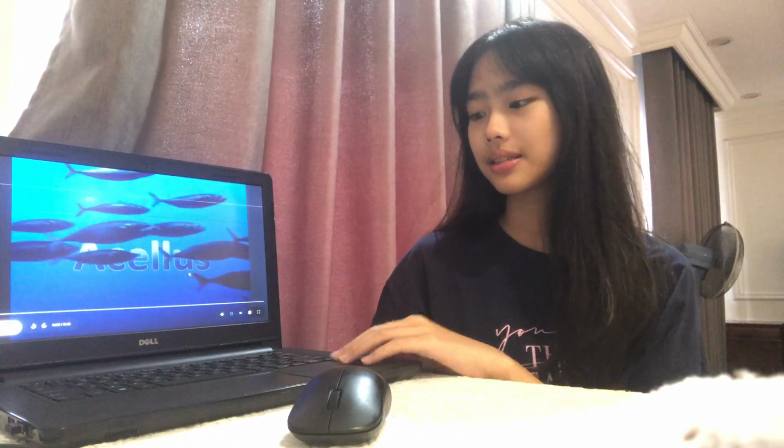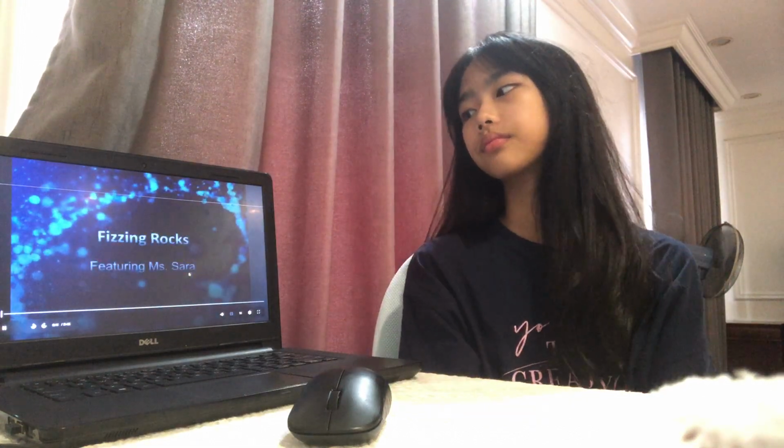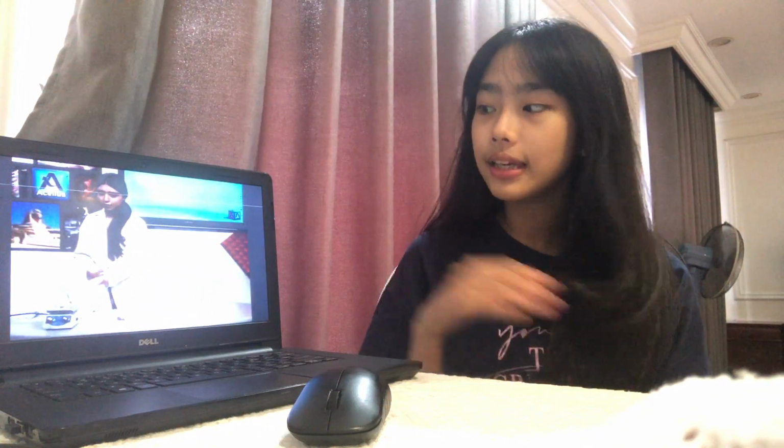Today I'm going to talk about fizzing rocks. So today we're going to do a very interesting lab. It is about making these rocks fizz by putting them into vinegar. And you can see here this is a warm vinegar.